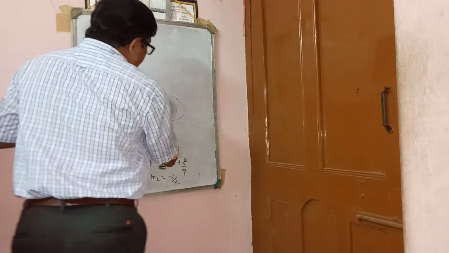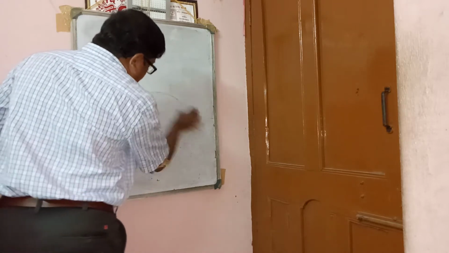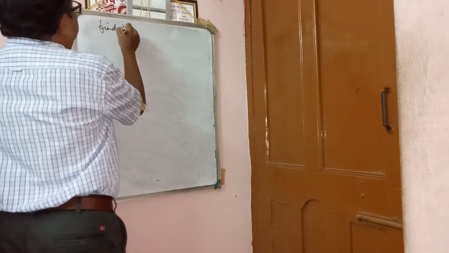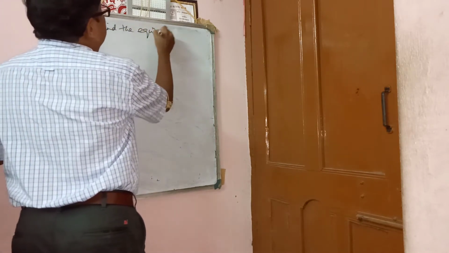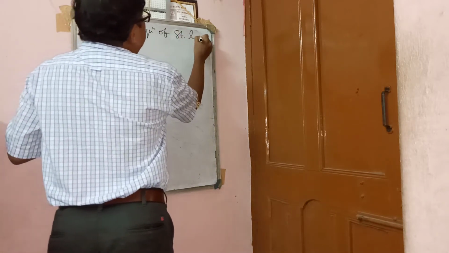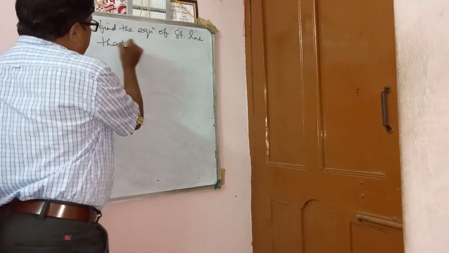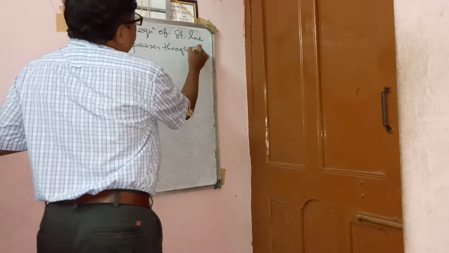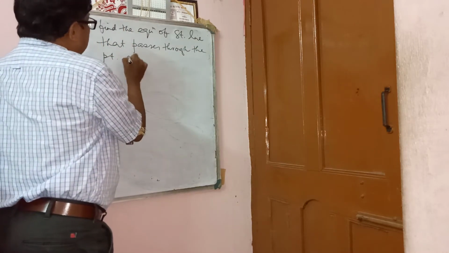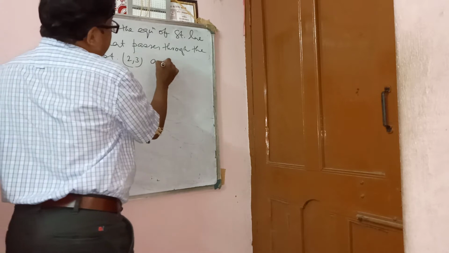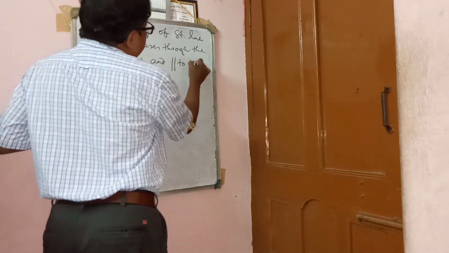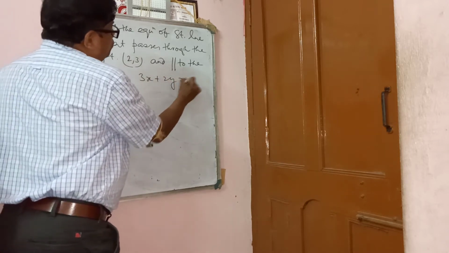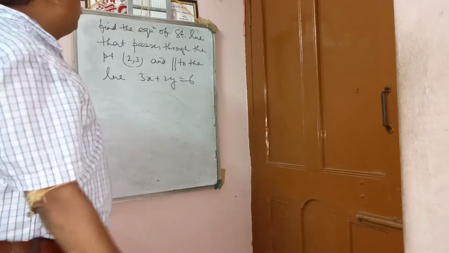Suppose, find the equation of the straight line that passes through the point 2, 3 and parallel to the line 3x plus 2y equal to 6. One question is given.